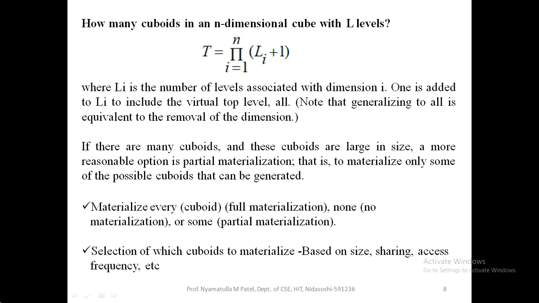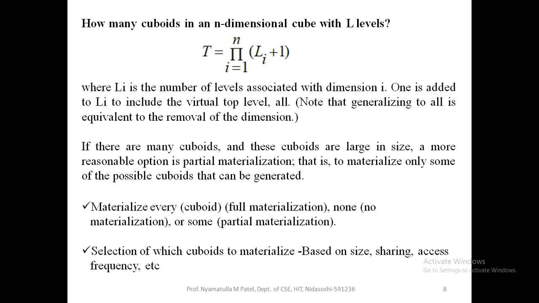For an n-dimensional data cube, the total number of cuboids that can be generated, including the cuboids generated by climbing up the hierarchies along each dimension, is: total number of cuboids T equals the product, for all i equal to 1 to n, of (L_i + 1), where L_i is the number of levels associated with dimension i.